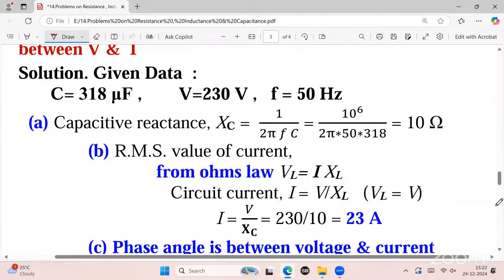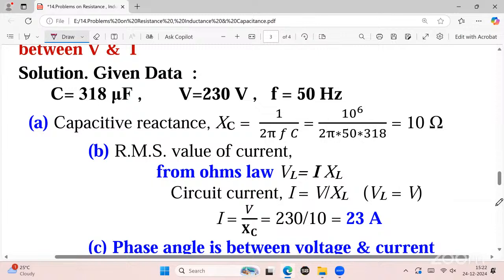Xc is equal to 1 by omega C is equal to 1 by 2 pi fC. Micro means 10 to the power of minus 6. In the denominator it is 10 to the power of minus 6; going to the numerator, it becomes 10 to the power of 6. 2 pi frequency 318 into 10 to the power of minus 6.